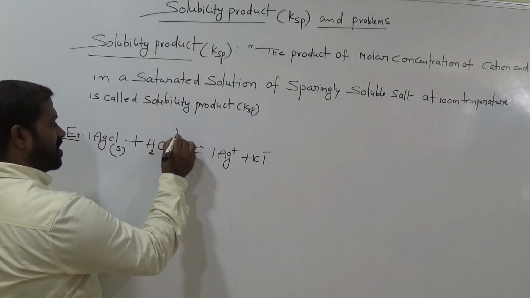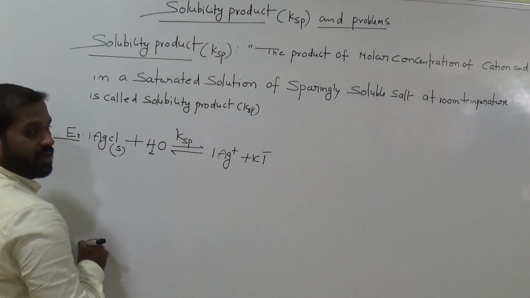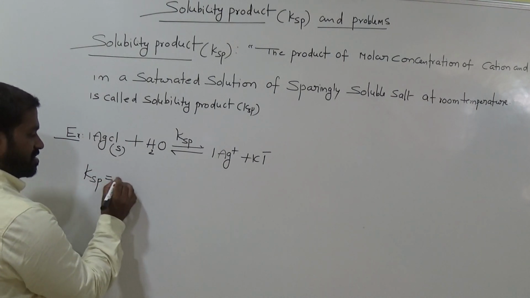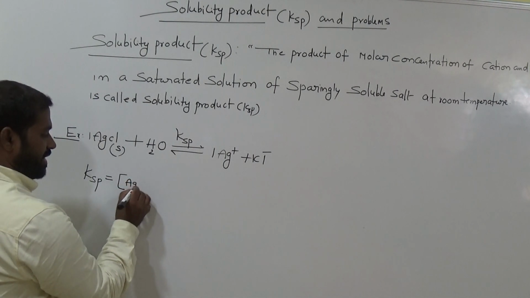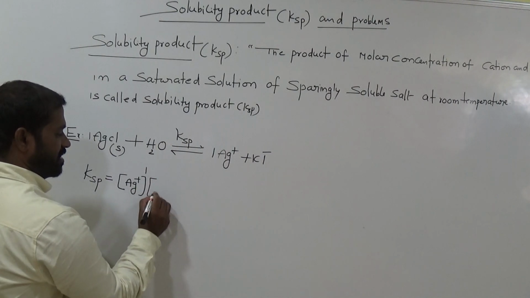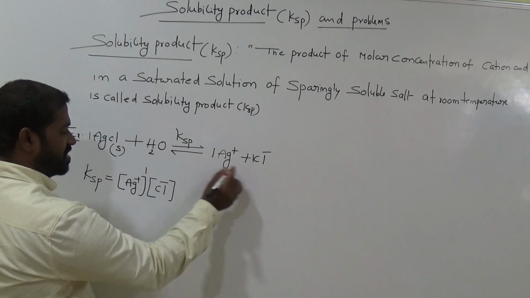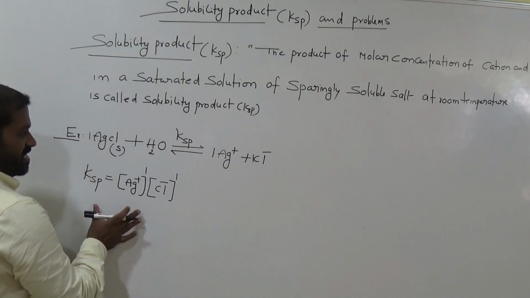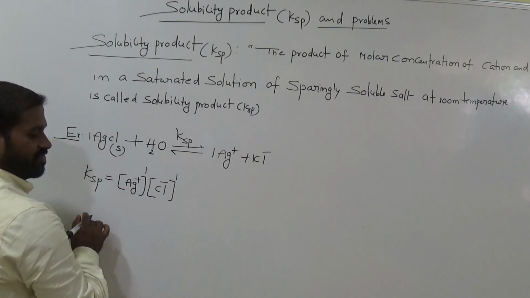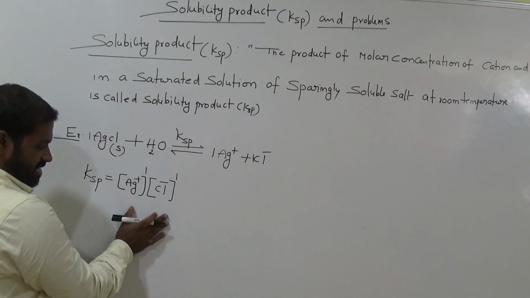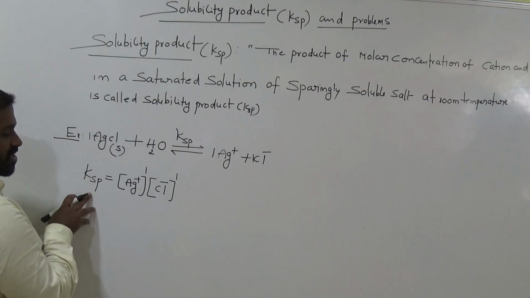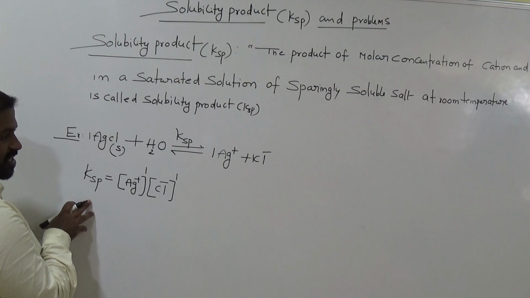Now the equilibrium constant Ksp is equal to Ag plus, what is the coefficient? 1, write as power. Cl minus, what is the coefficient? 1. Is it clear? This is the solubility product. For solid no need to write here. Remember this.